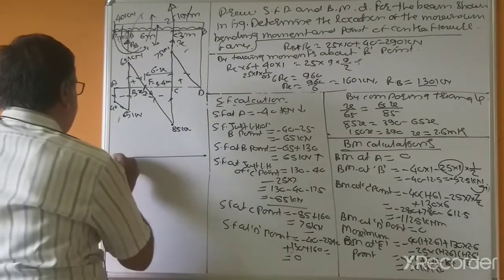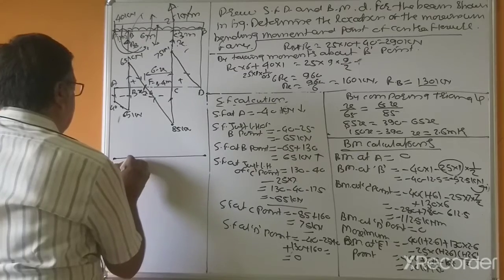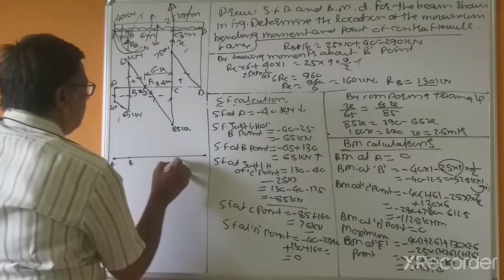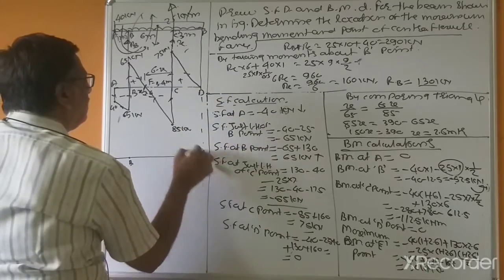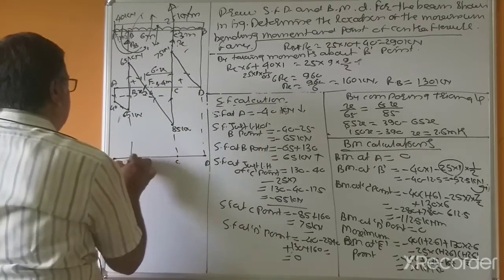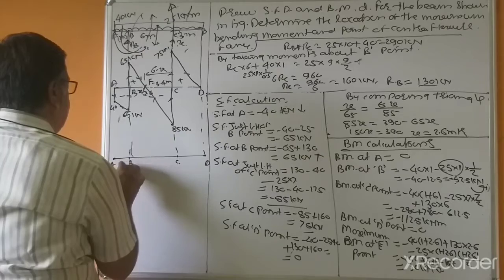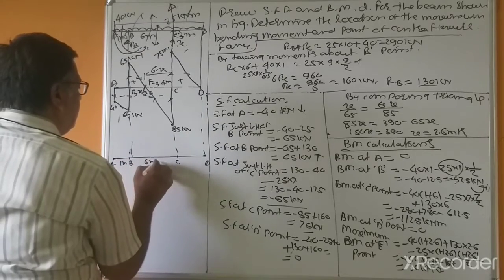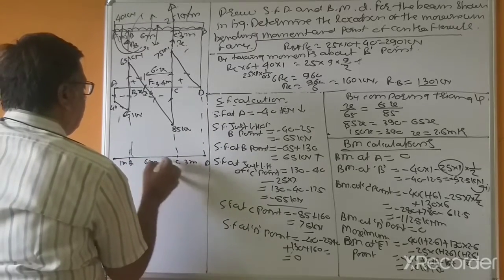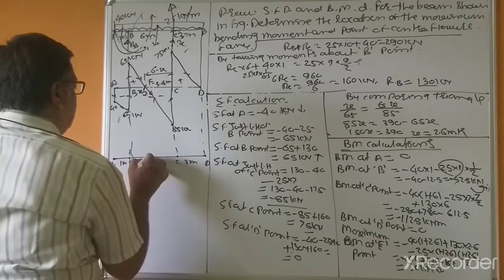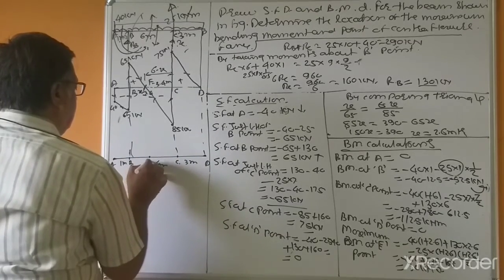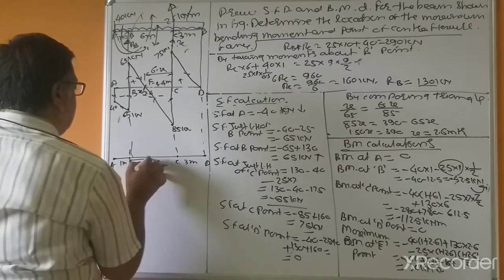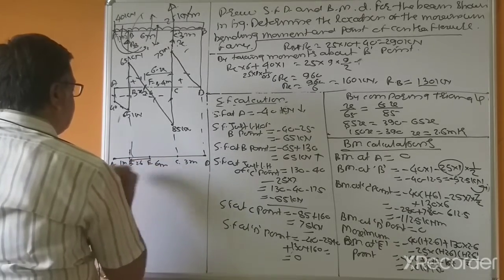Bending moment at A point is 0, then at B point, C point and D point. These distances are 1 meter, 6 meter, 3 meter, and here is E point, at a distance of 2.6.